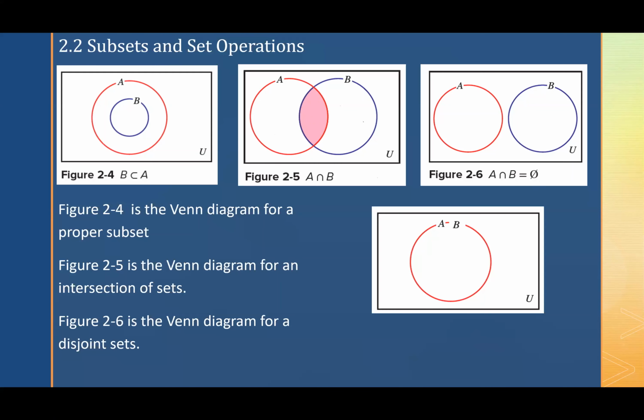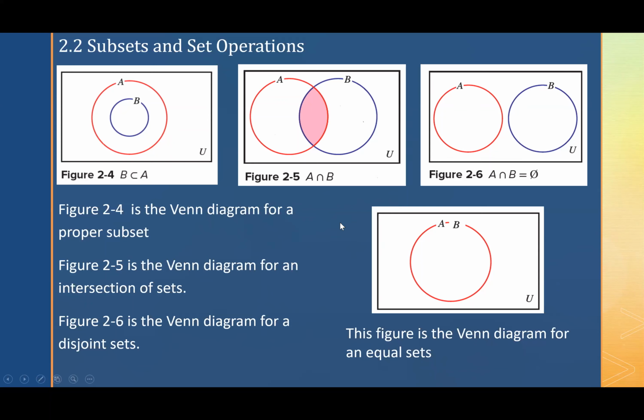And lastly, you probably won't see a lot of this, but this is an equal set, meaning A and B are equal, it's the same set. If you have A and B like this, whatever is in A is also in B, so A and B is just one set. But you won't see the last item a lot. The Venn diagram you will see most is this.